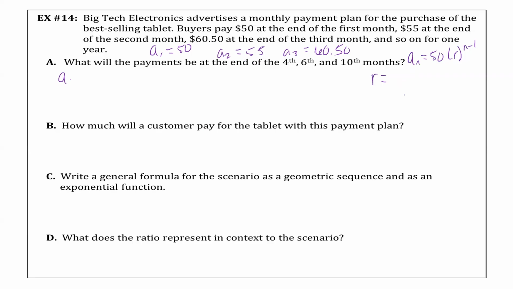So when I have A sub 2, it equals 55, which equals 50 times R to the 2 minus 1. 2 minus 1 is just 1. So I just have to do 55 divided by 50. So 55 divided by 50 means that our R equals 1.1.